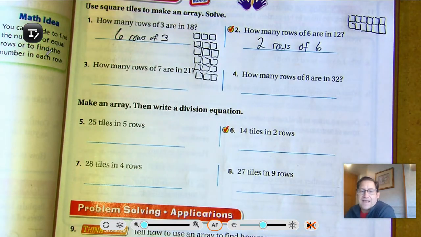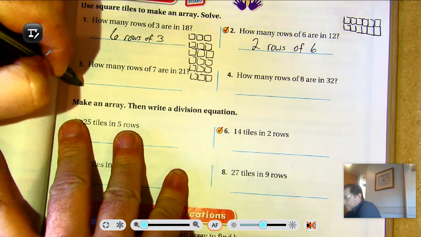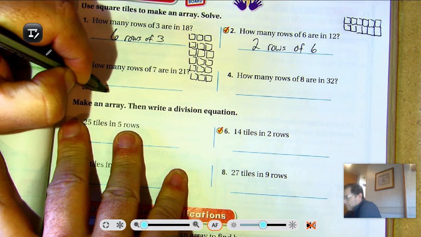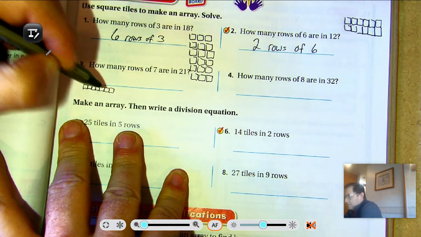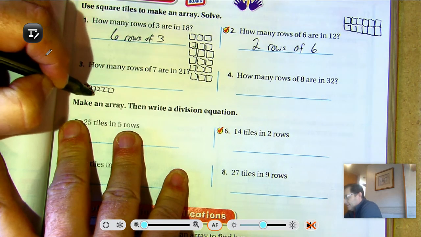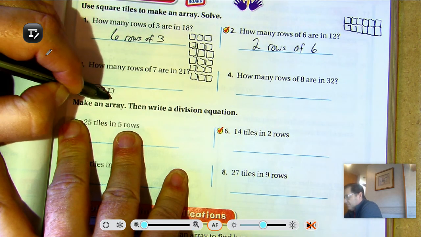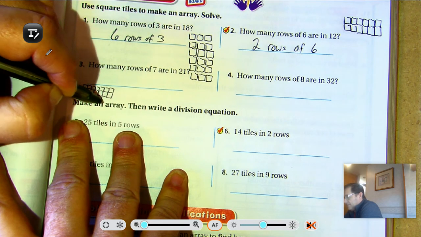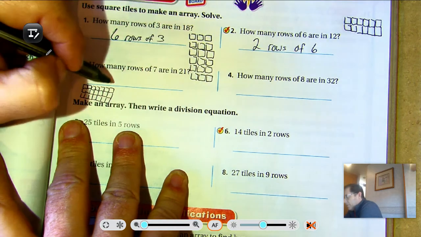How many rows of 7 are in 21? There's 7, 8, 9, 10, 11, 12, 13, 14, 15, 16, 17, 18, 19, 20, 21. 3 rows of 7.